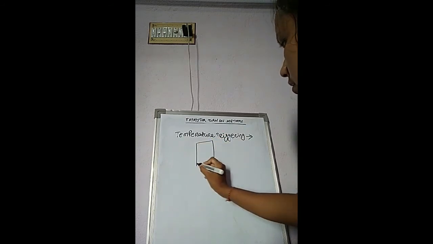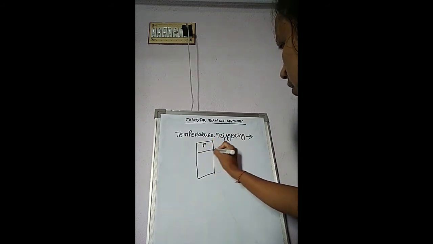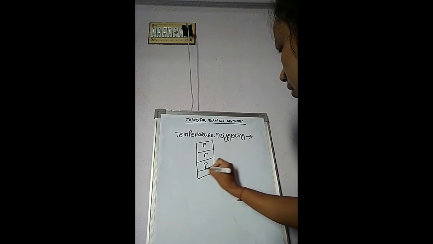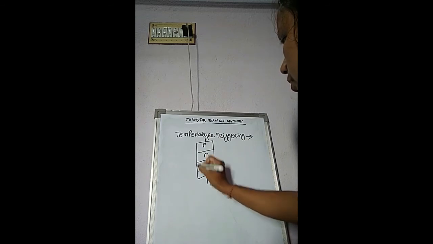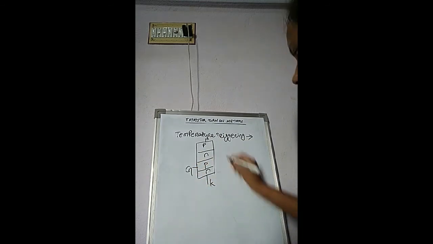See, this is P, N, P, N, anode, cathode, this is gate, with junctions J1, J2, J3.